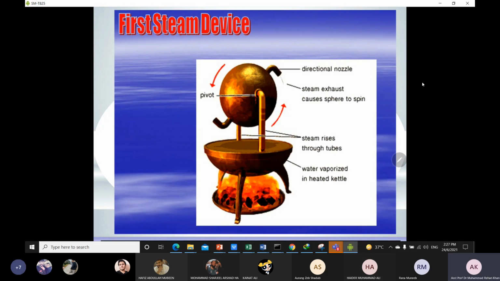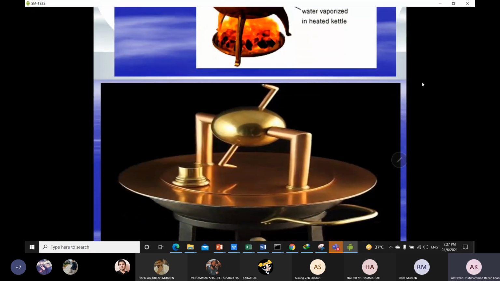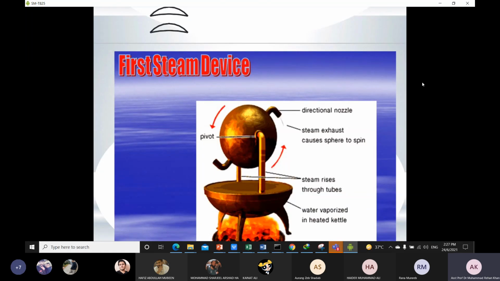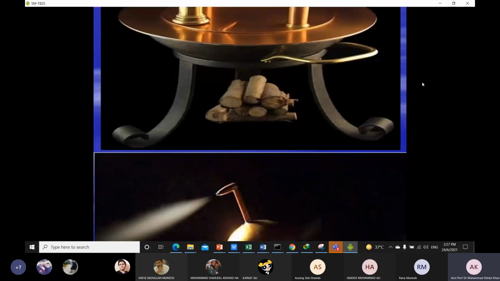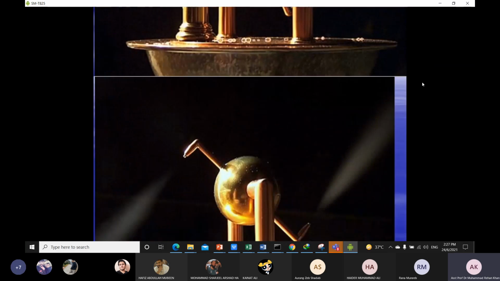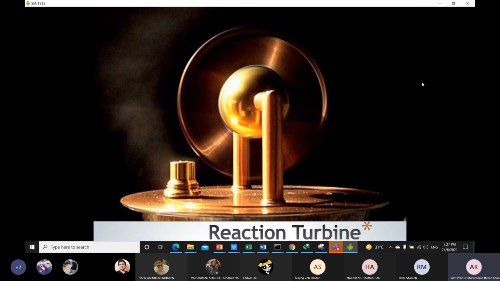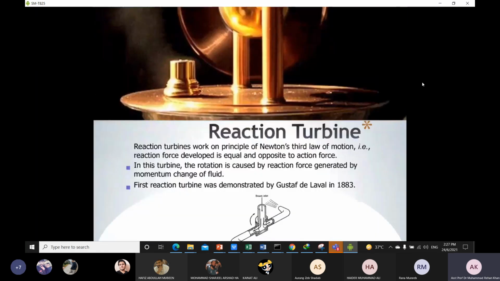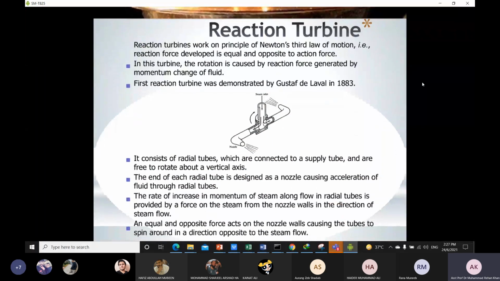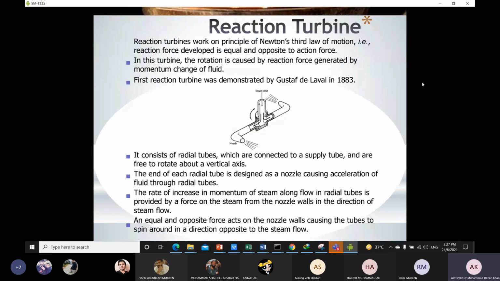Two nozzles are connected on two opposite sides, and by using action and reaction forces, that is Newton's third law, when steam is generated the sphere starts rotating. The same principle applies to the reaction turbine. The reaction turbine works on Newton's third law of motion: the reaction force developed is equal and opposite to the action force.